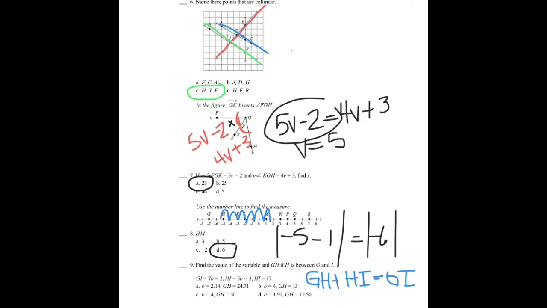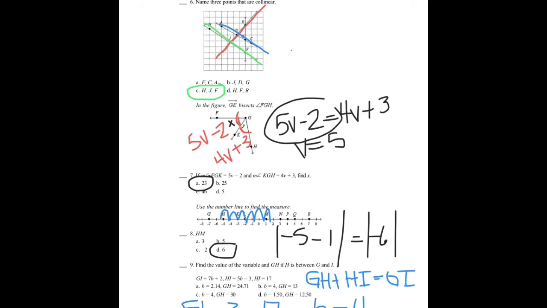So HI equals 17 and HI is 5B minus 3. So 5B minus 3 equals 17. Add 3 to both sides. That means that 5B equals 20, so B equals 4. So the value of the variable B is 4.